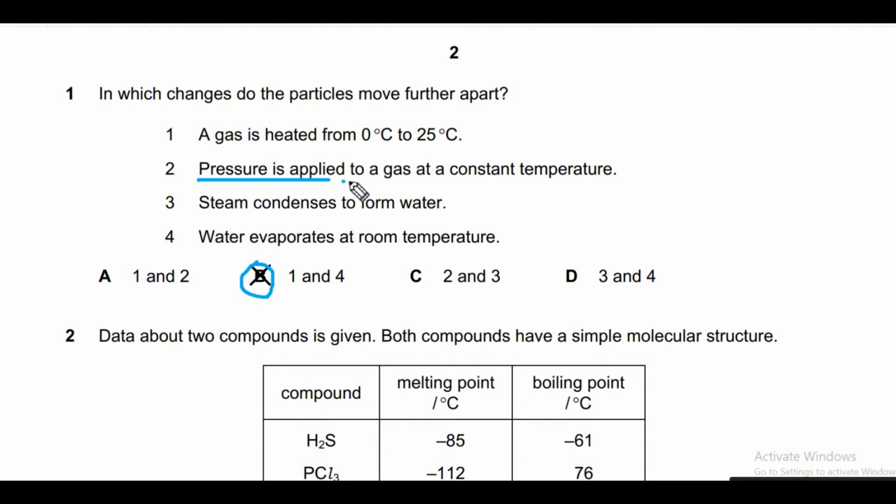Pressure is applied to a gas at constant temperature. If you apply pressure, particles become closer, not move further apart. Steam condenses to form water. When steam condenses to form water, particles become closer. So B is the right answer.